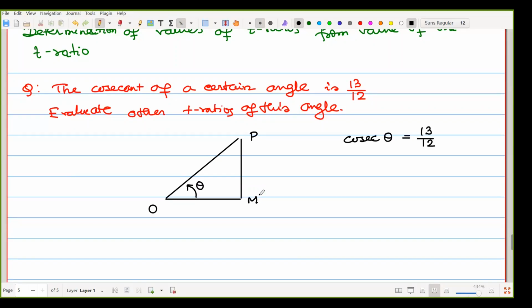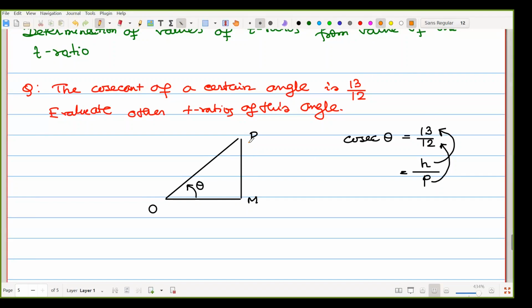What is the meaning of cosec? Cosec means we know that is hypotenuse by perpendicular. Hypotenuse by the perpendicular. So hypotenuse is represented by 13 and perpendicular is represented by 12.